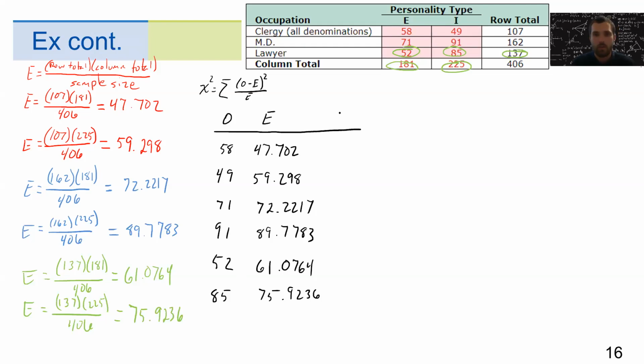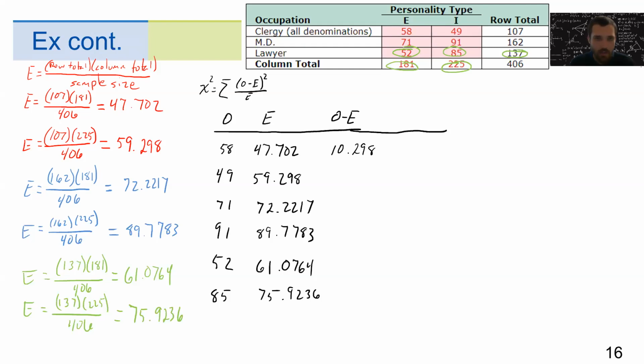Now what I'm going to do is compute this column here, O minus E, all right? Now O minus E, I'm just taking 58 and subtracting 47.702, and I've computed this already. So this is going to be 10.298.